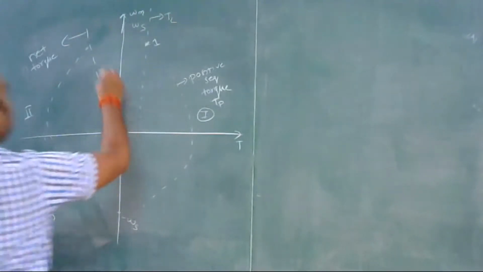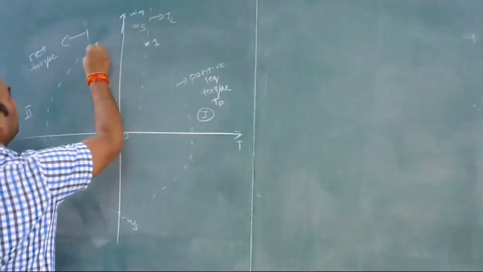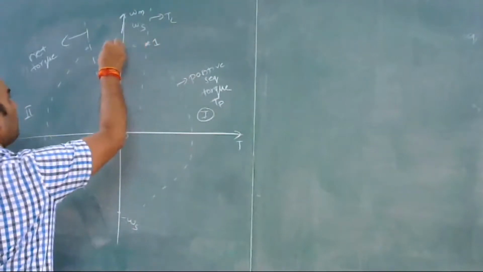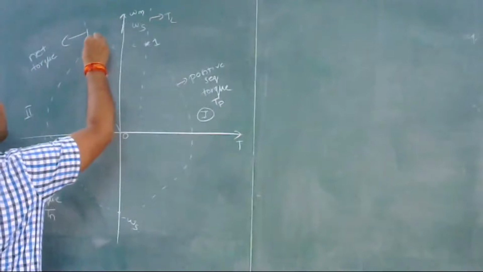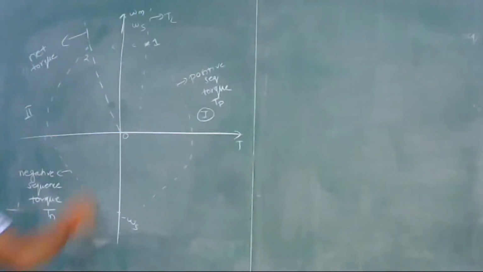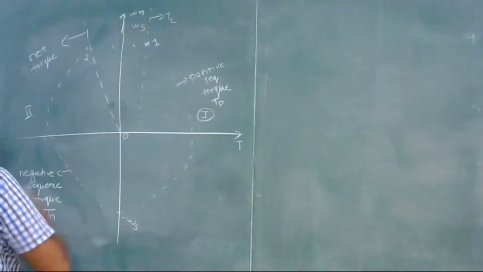Now this characteristic will enter the second quadrant. Due to rotor resistance, let the new operating point be 2, and here the total torque is negative.